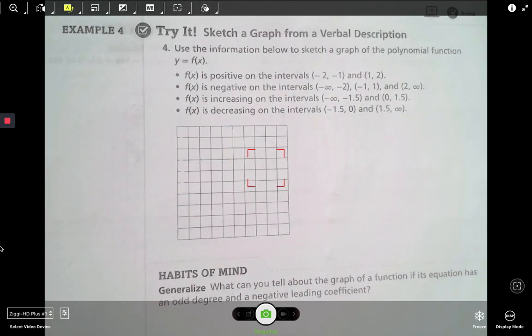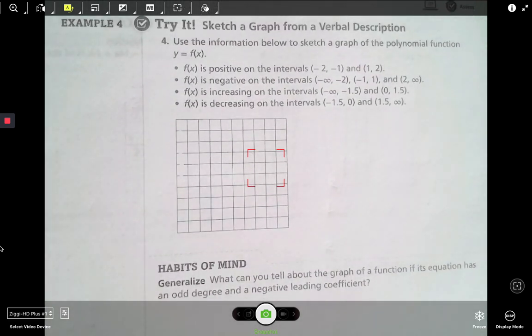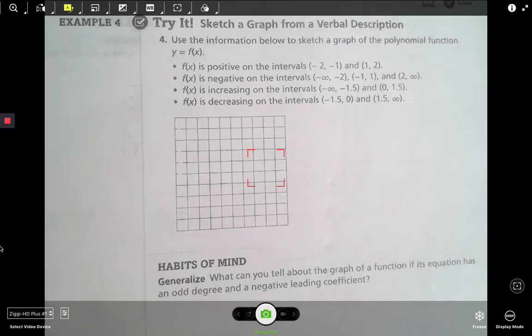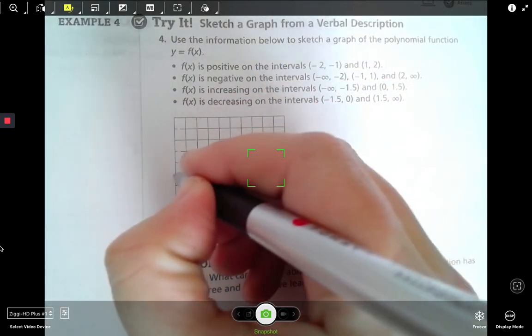All right, this one's going to be our last one today. Example 4. That'll be finished. And example 4 says use the information below to sketch a graph of the polynomial function. We've got f of x is positive on the intervals -2 to -1 and 1 to 2. Let me start by drawing my axes.